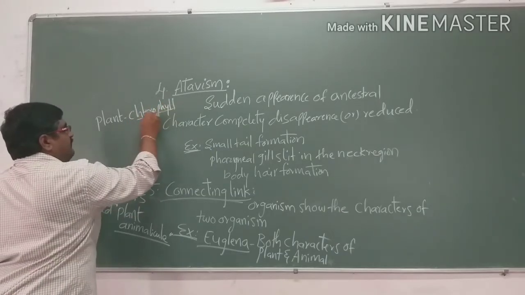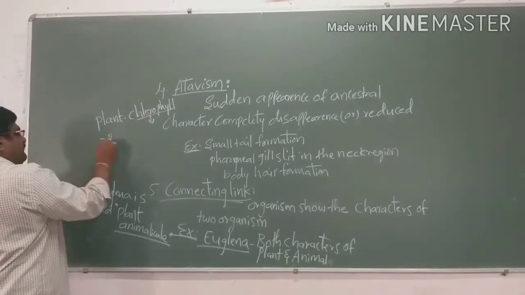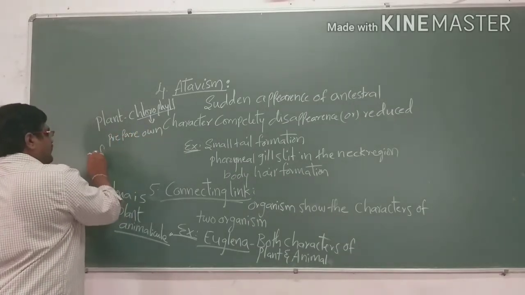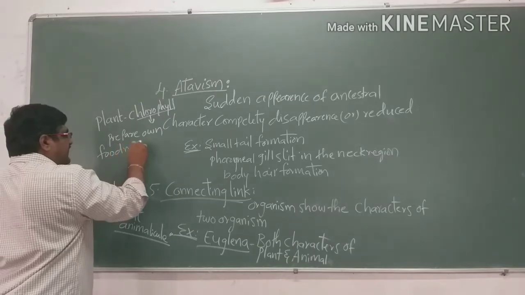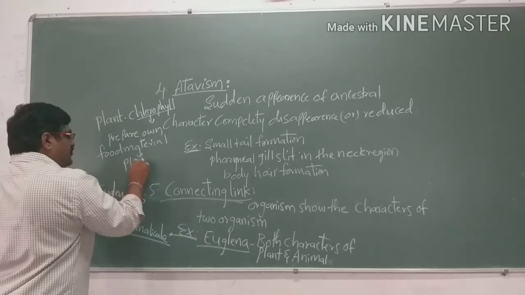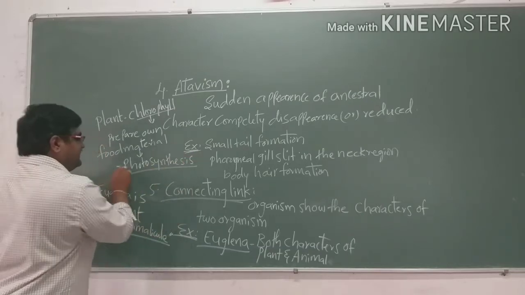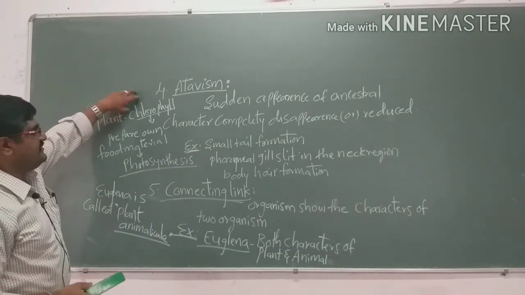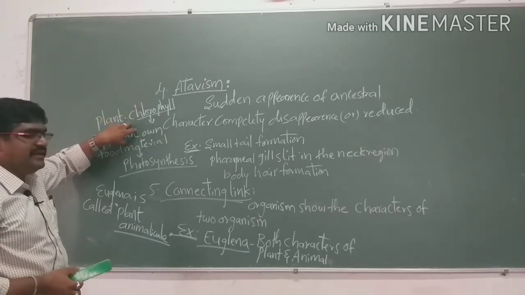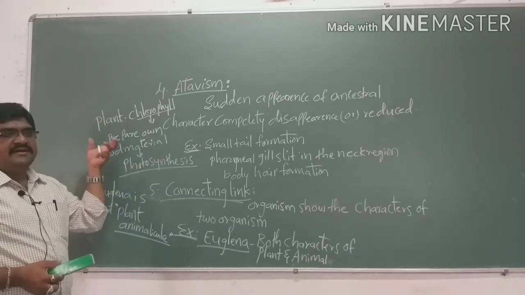With the help of chlorophyll, they can prepare their own food materials by the process called photosynthesis. This chlorophyll is helpful for preparation of their own food materials by photosynthesis. This is a plant character.